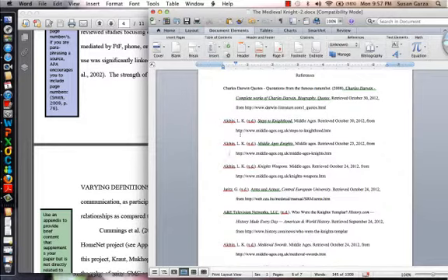Now notice there's several Alchins here. When you've got more than one that's the same, see, if I just put Alchin, my reader's not going to know which one, so I'm not going to put steps to knighthood, but I'm going to put steps.